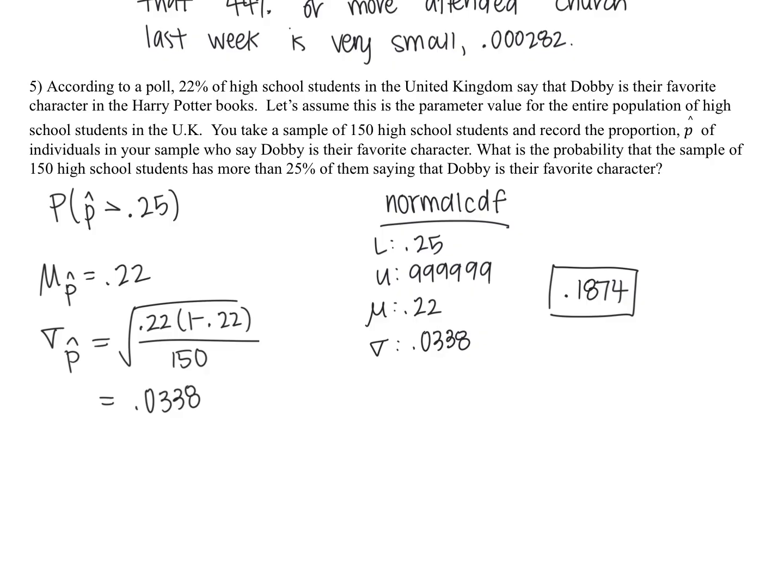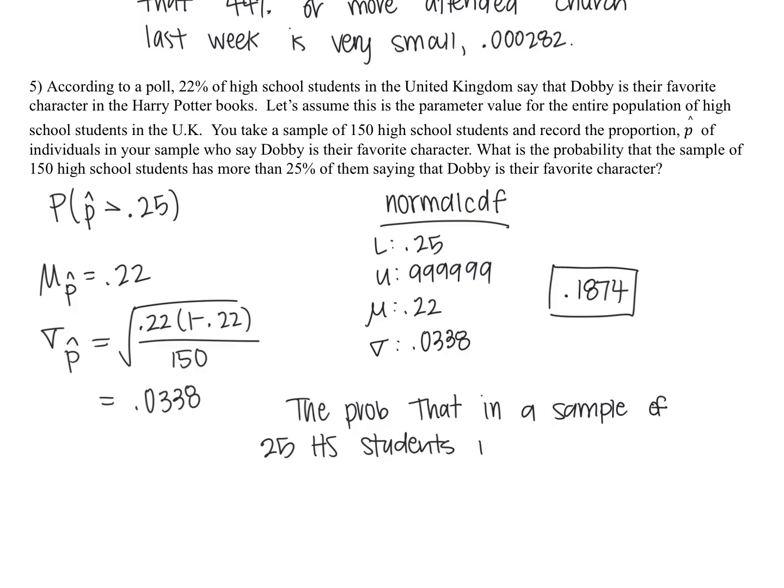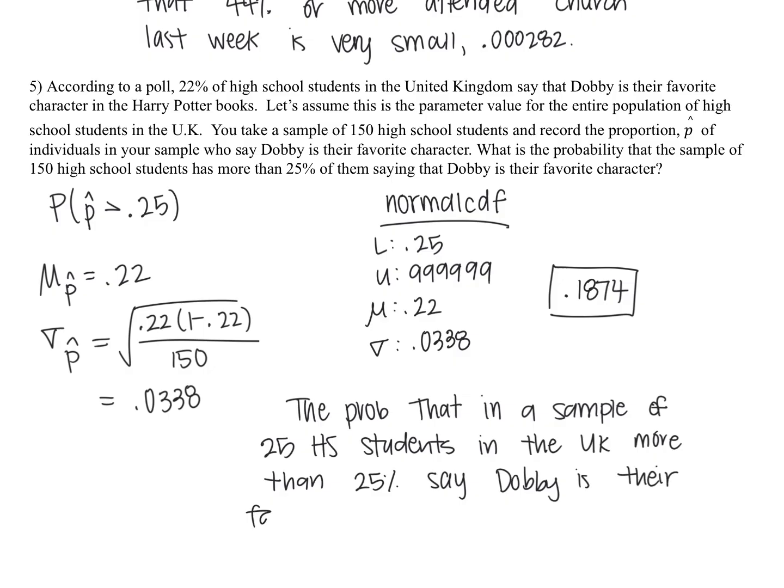So for our sentence, the probability that in a sample of 150 high school students in the UK more than 25% say Dobby is their favorite character is 0.1874.